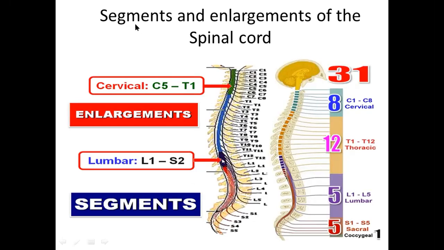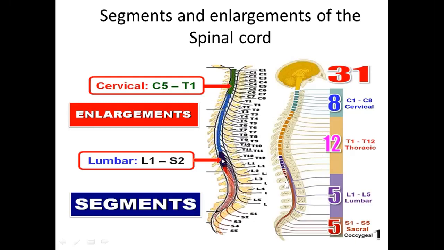Second, we discussed the segments of the spinal cord. The spinal cord is formed of 31 segments, which are divided according to the region. So in the neck region, we find 8 cervical segments. In the thoracic region, we find 12 thoracic segments. In the lumbar region, we find 5 lumbar segments.